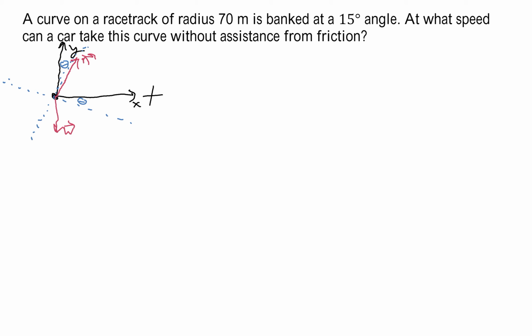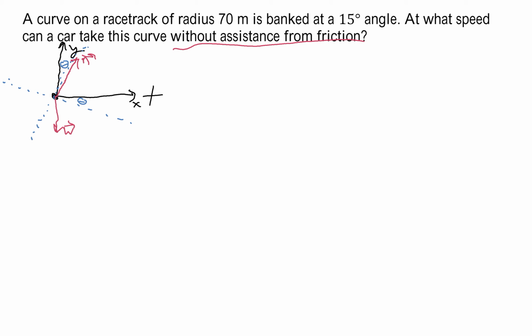We need a component in the x direction because we're talking about without assistance from friction. So there is no friction on this track. So that means we're going to be only talking about what kind of assistance does gravity give us to come around this curve, okay? So that means we need to break these vectors into components.